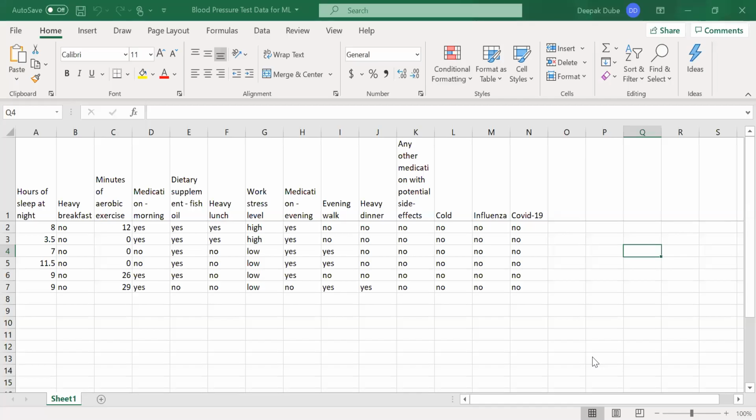It's again a very simple file that is called the test data. And there you go. Notice this file has the exact same input parameters, right? You can see it has hours of sleep and heavy breakfast and aerobic exercise minutes and medication if you had in the morning, hopefully you didn't forget, etc.